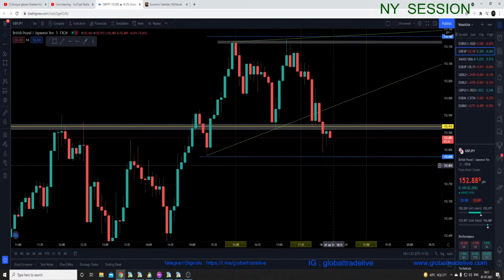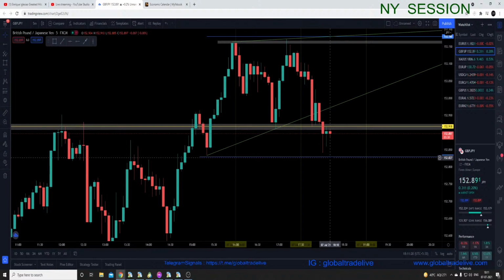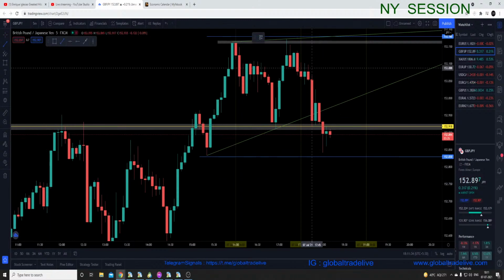Okay, so now I think if the 5-minute candle breaks this price over here, then I think we can take a sell trade. Now we have information available also.